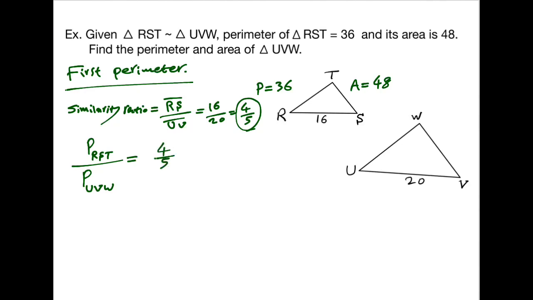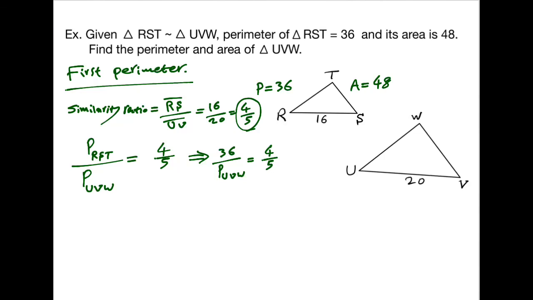But we know the perimeter of RST. It's given, it's 36. So let's replace it here and find this value by a cross product. The perimeter of RST is given to be 36 over the perimeter of UVW equals 4 divided by 5.